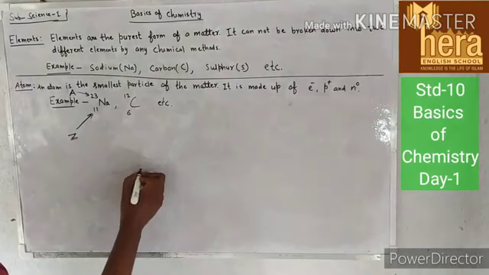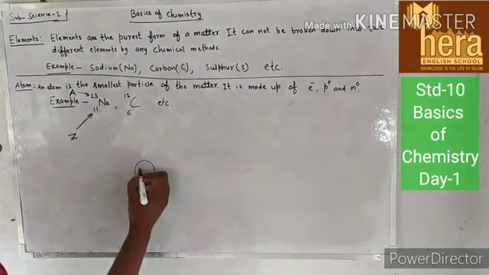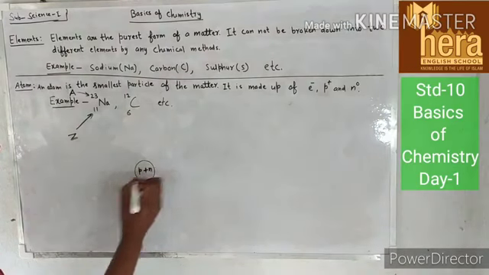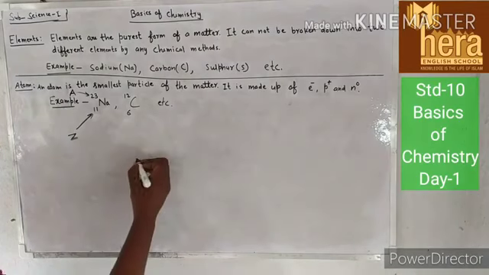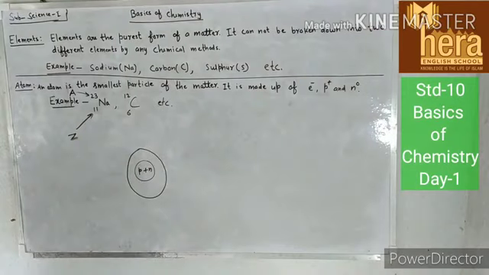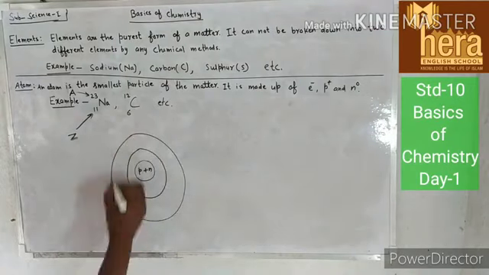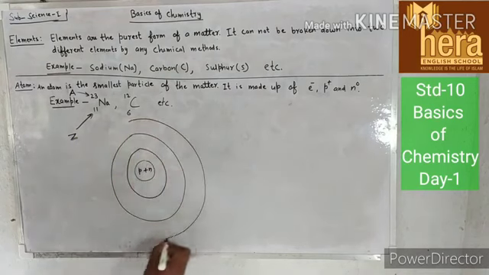So inside the atom there is nucleus. Nucleus contain proton plus neutron. This is the orbit. First orbit, second orbit, third orbit. Understood?